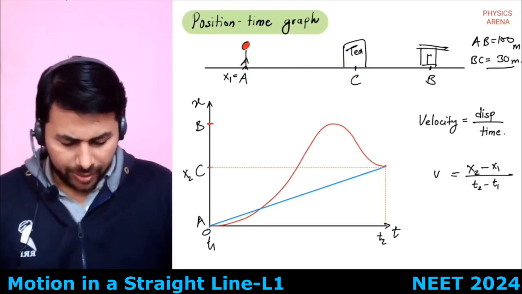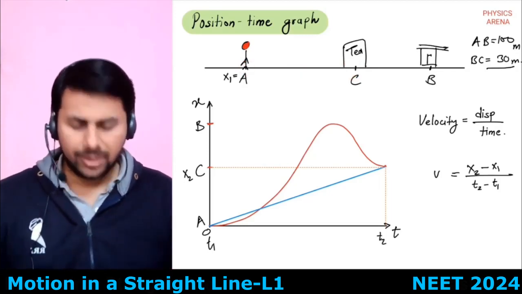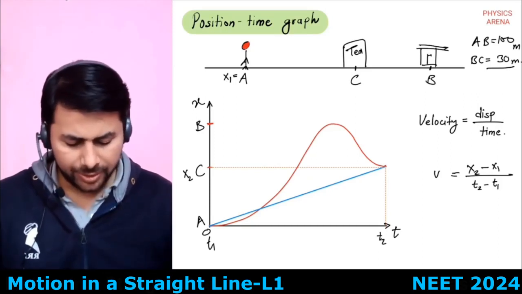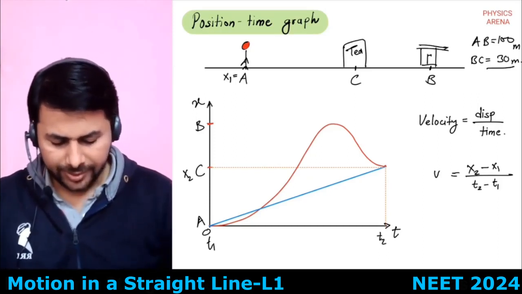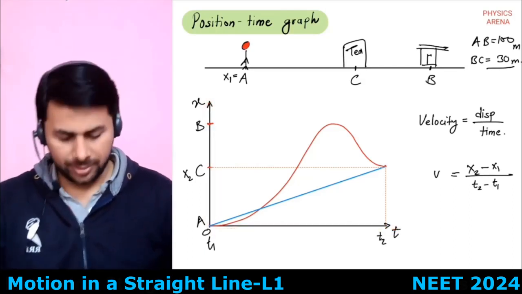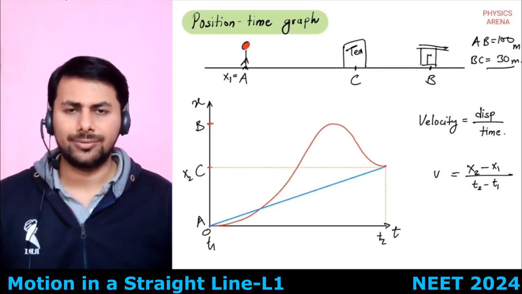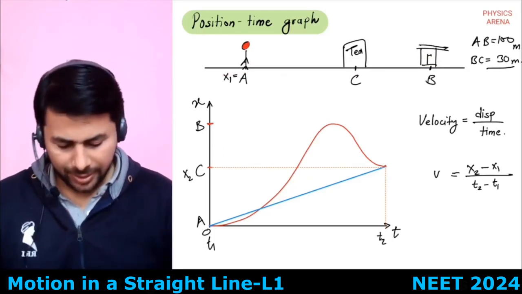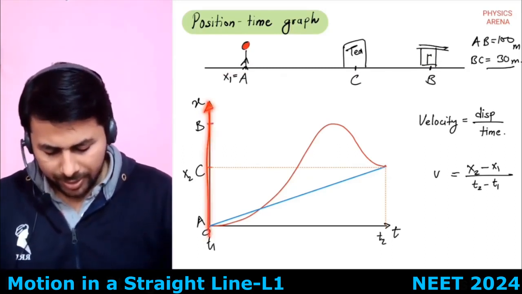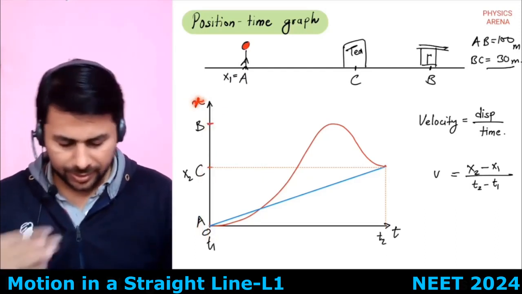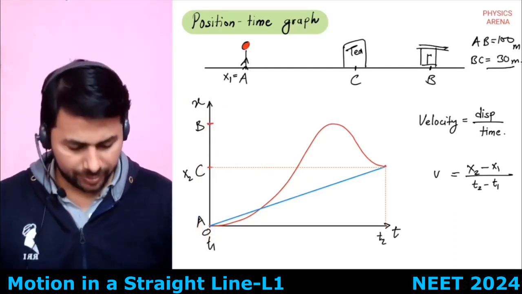Now I want to study this motion. For that, I plot it on a graph. So this is the x line, the x coordinate, and I'm calling this the position coordinate.